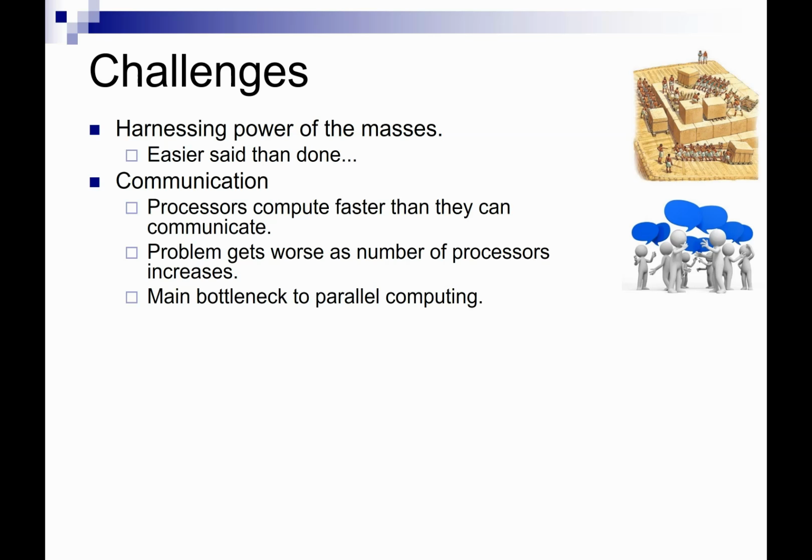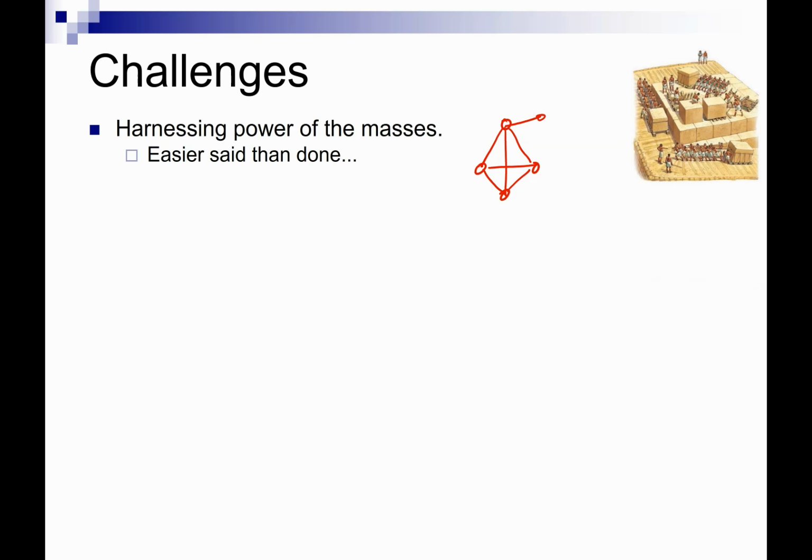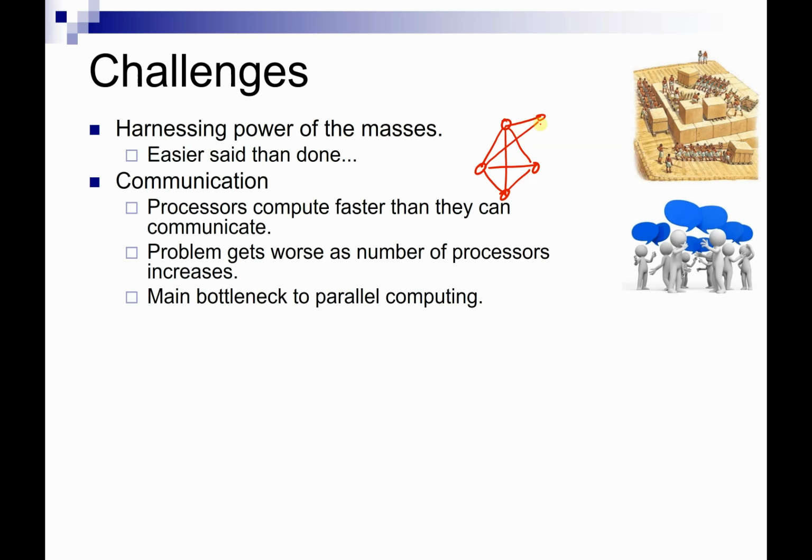For example, if you have, let's say, 3 processors, you could have this triangular communication pattern, so you need 3 communication links between the 3 processors. Now, if you have a 4th processor, and it needs to talk to all of the other processors, then you have 6 communication links. If you have a 5th processor, let's say over here, we are going to have 10 communication links.